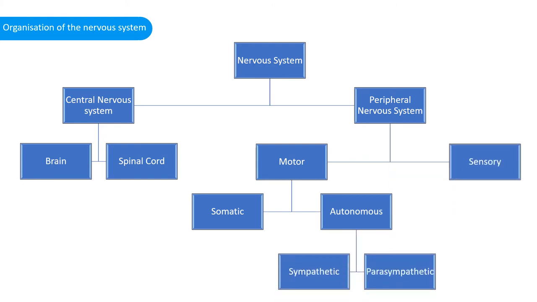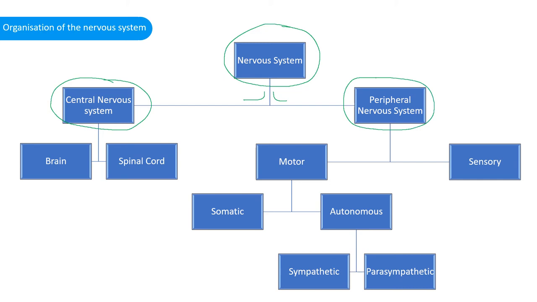So I've put a diagram up here which shows the organisation of the nervous system. So let's take the nervous system first of all. The first split is that it splits into the central nervous system and the peripheral nervous system. And what that means is that there are nerves that make up this.